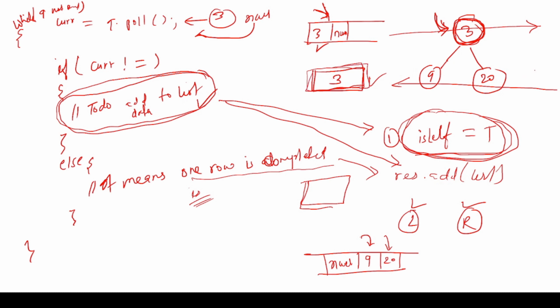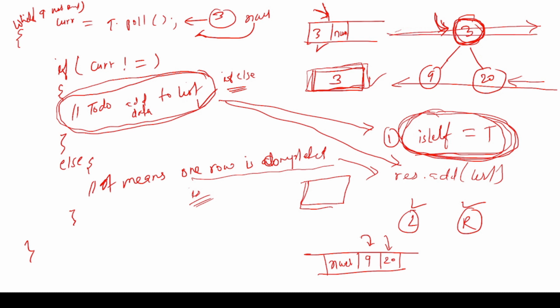But if we are going this way, let's suppose, we will check whether is left is true. If it is not true, two things come inside the if and else condition. In this else condition we check is left true, meaning we are going from here in this way.